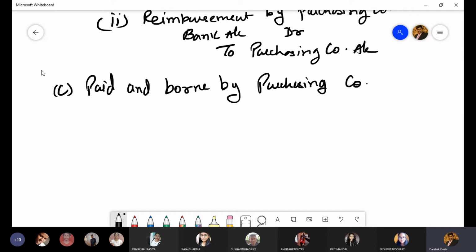No entry, sir. Why there won't be any entry over here? The vendor company is not involved in the transaction. Correct. There is no financial transaction for vendor company. So here you will not have any entry. Shall we move ahead?